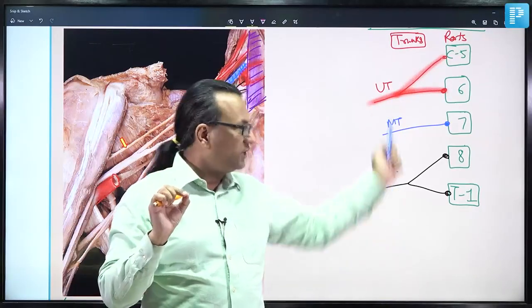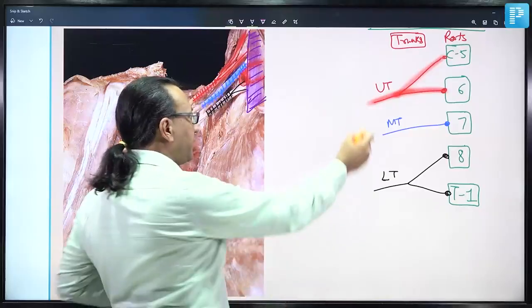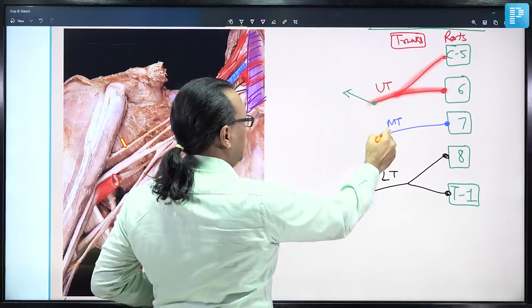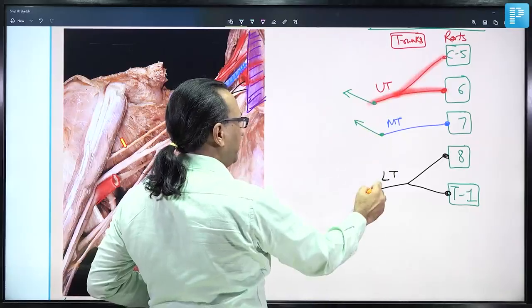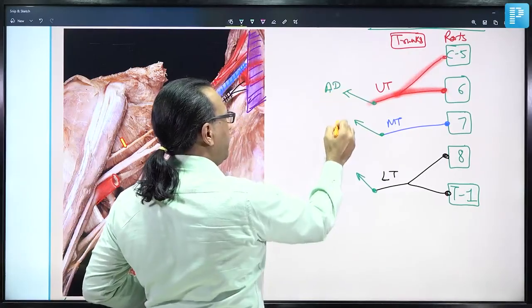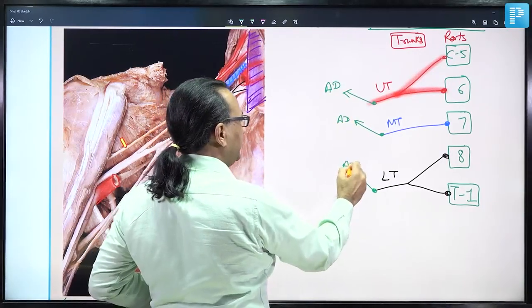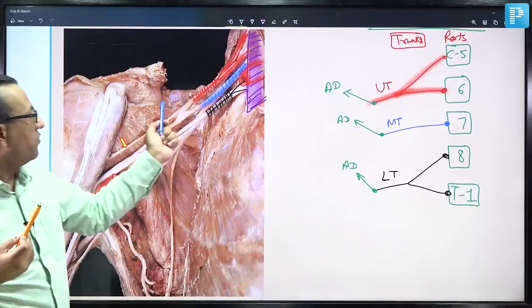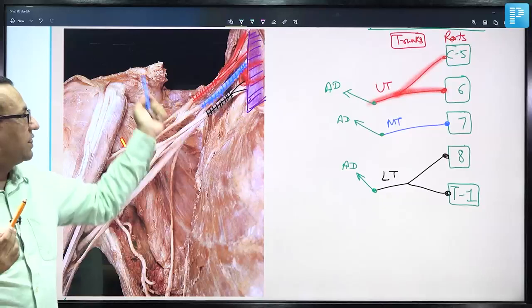After that, each trunk gives anterior and posterior division. And presently, let us just focus upon the anterior division of the three trunks. So, where do you find these anterior divisions? They will be passing behind the clavicle bone, which has been removed from here to maintain clarity.